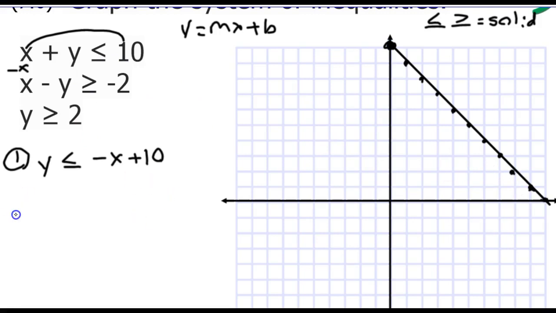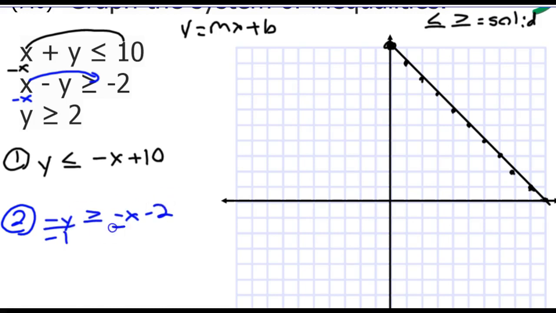Second inequality, we need to move the x again, so we have to subtract x. So we get negative y is greater than or equal to negative x minus 2. Then we divide by negative 1. And we get y.